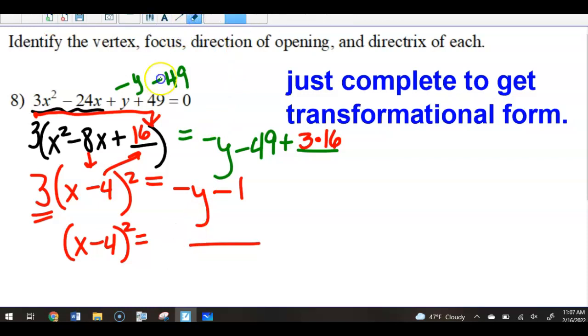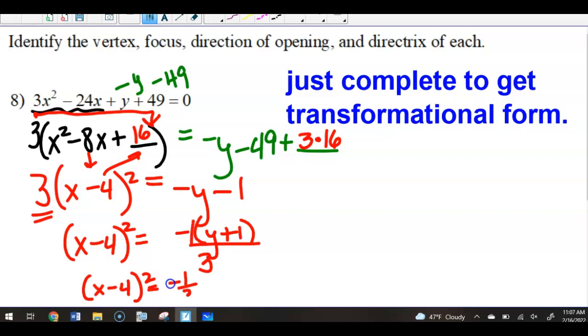I'm also going to take a negative out. So I'd have a negative, take it out of there. That would leave a y plus 1 because I took the negative out. And then I'm dividing the 3 over there, which really makes it a negative 1/3 is our 4p.